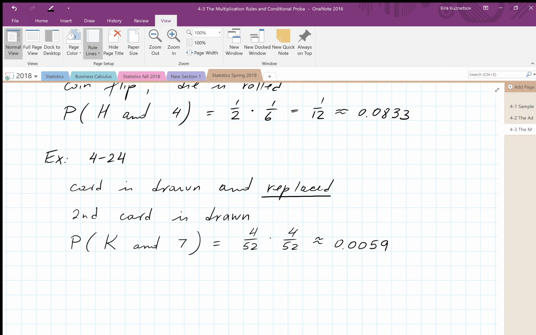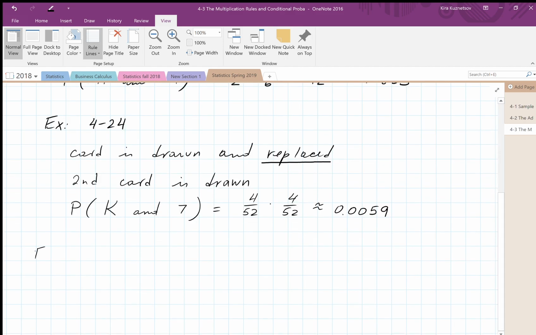Next example. What if the card wasn't replaced? Not replacing the card. How would this probability change? I'm still looking for the probability of a king and a 7.